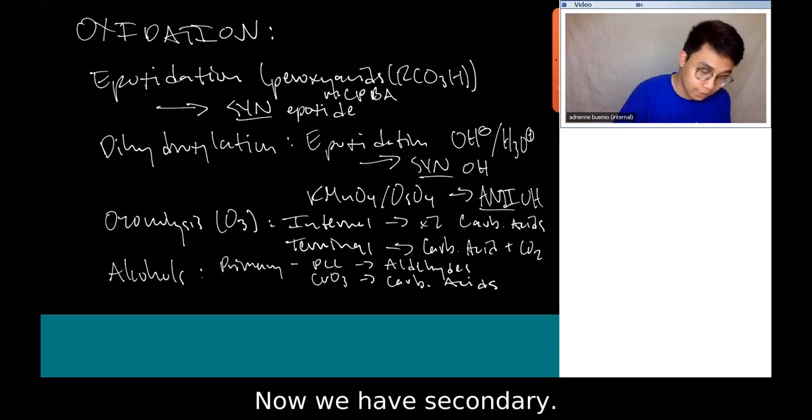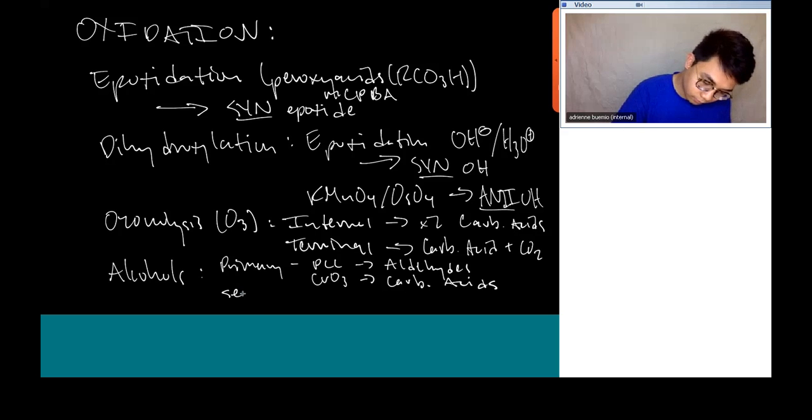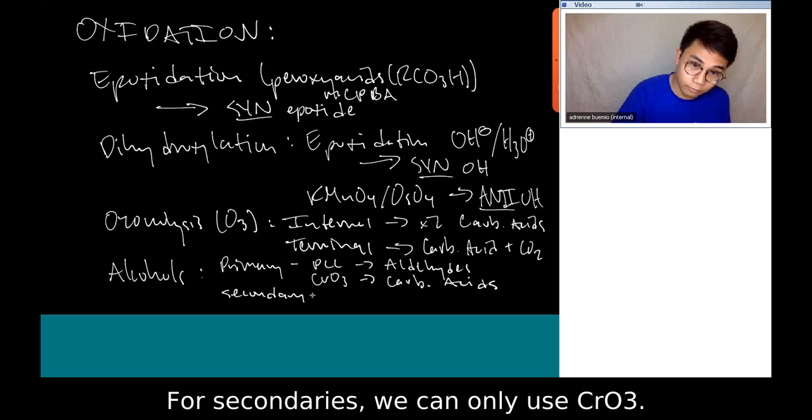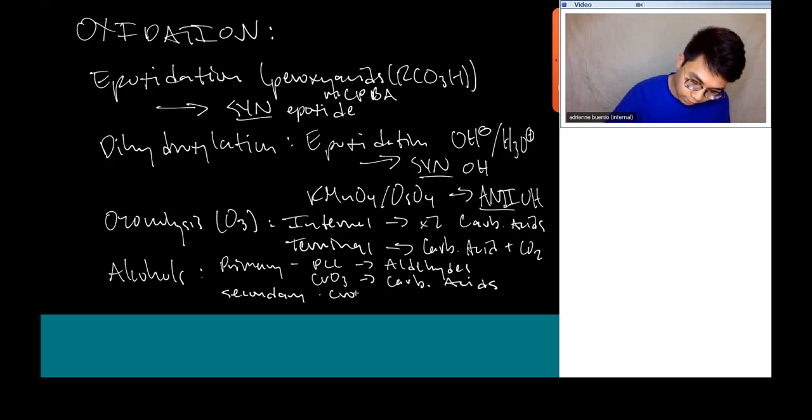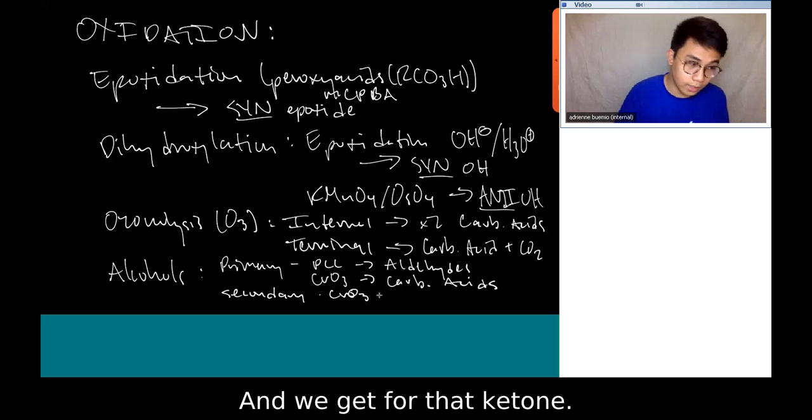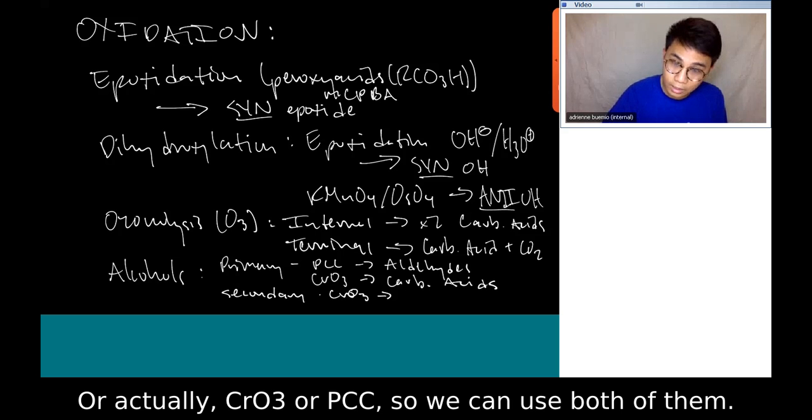Now we have secondary, and for secondaries, we can use CrO3, and we get for that ketone, or actually CrO3 or PCC. Sorry, let me erase this.